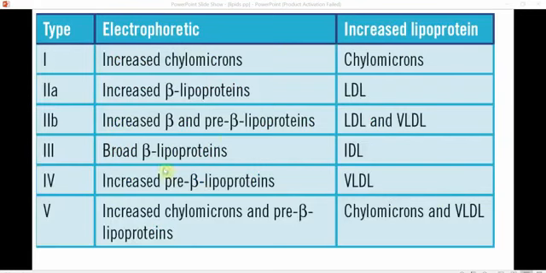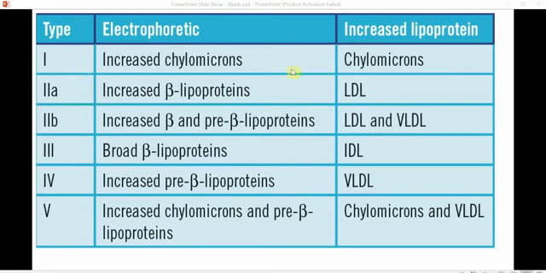This table found in your textbook by Kroc represents the Fredrickson classification, which is the system by which the WHO classifies the hyperlipidemia or dyslipidemia into these 5 major classes.